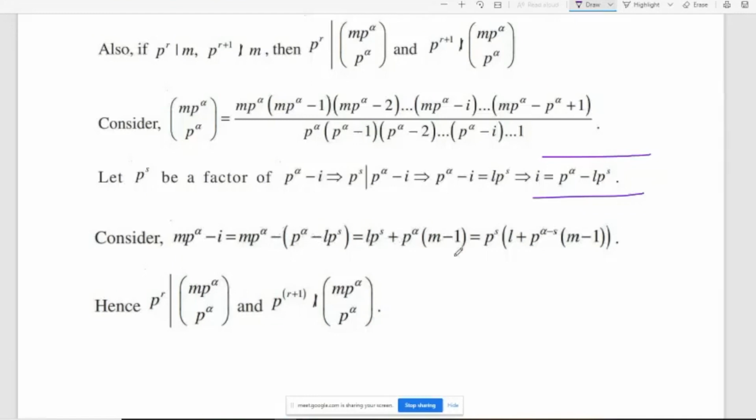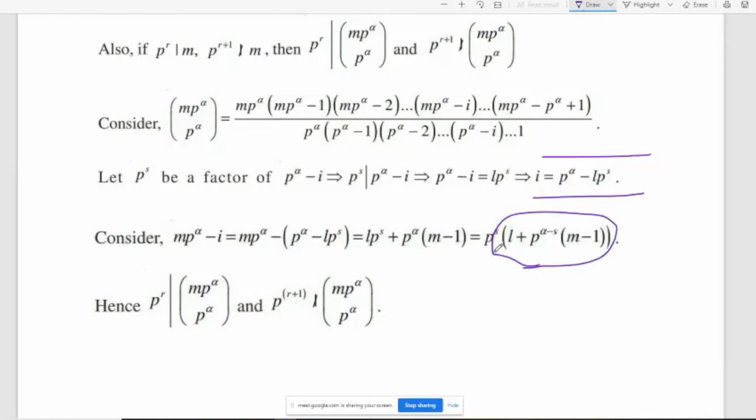From these two you take p power alpha out, so what you are left with is m minus 1. And now you take p power s outside, so that l will be here, and here it will be p power alpha minus s into m minus 1. So this is going to be some number, this one is going to be some number. So what is my conclusion?